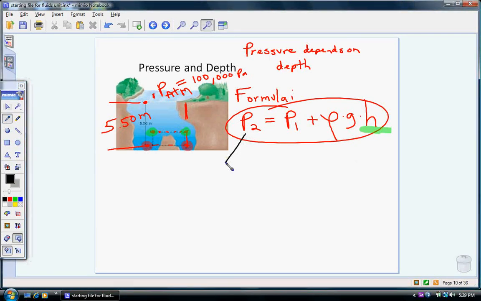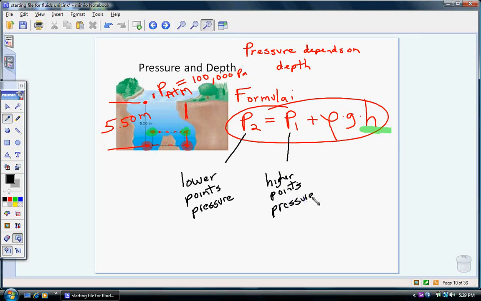The P2 here is the lower point's pressure. The P1 here is the higher point's pressure. The rho here is the density of the fluid.